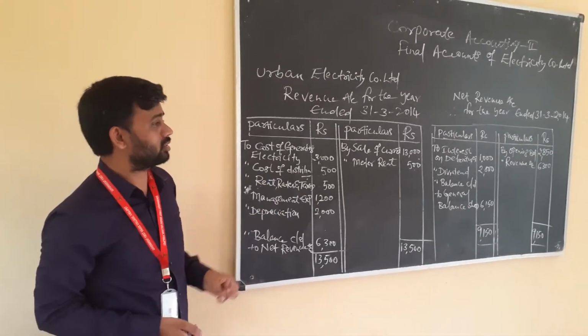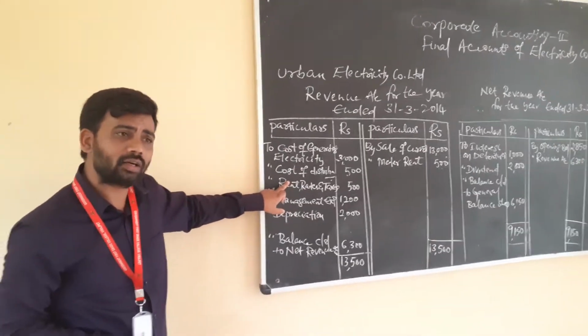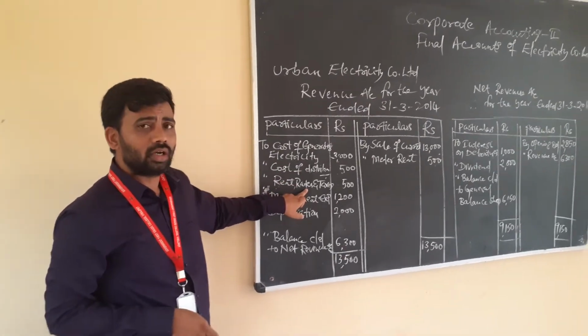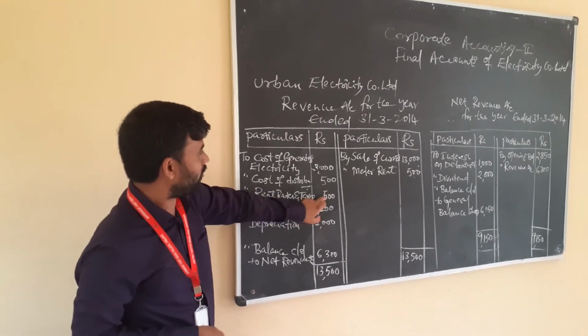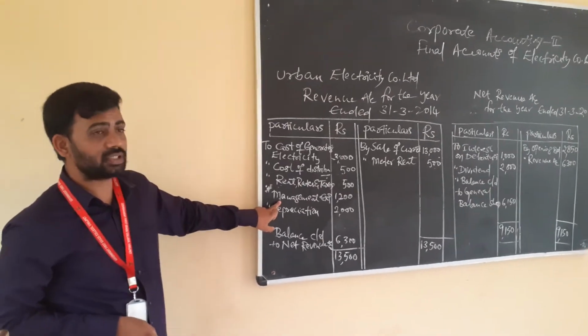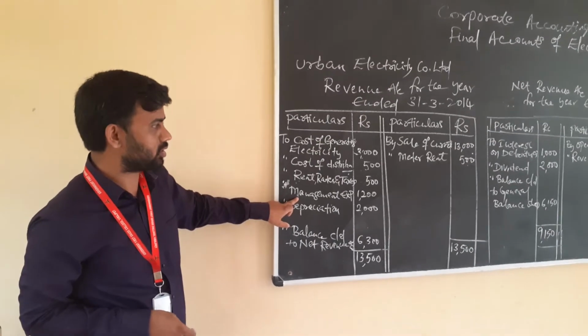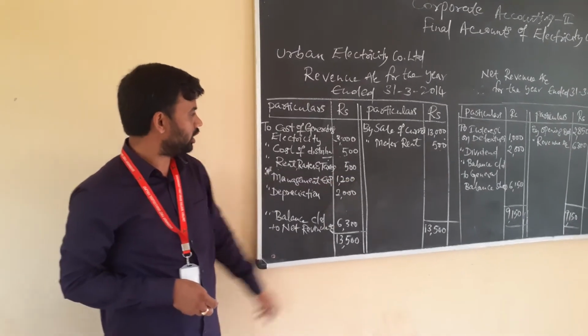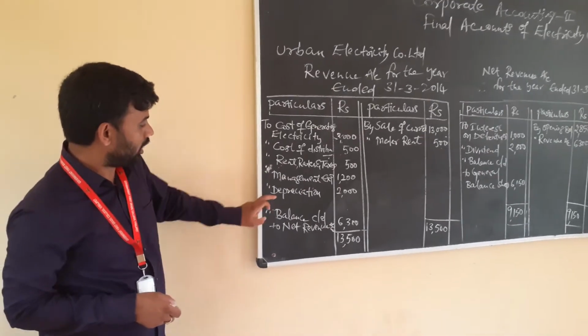Rent, rates and taxes. Suppose if electricity company runs on rented houses, it is part of direct expenses. Management expenses, which is part of direct expenses, 1,200 rupees, enter into the debit side of revenue account.